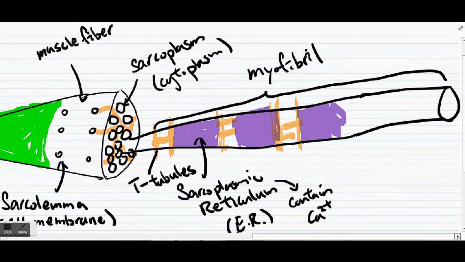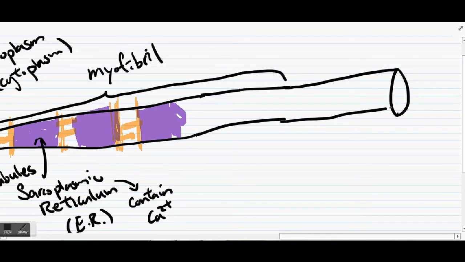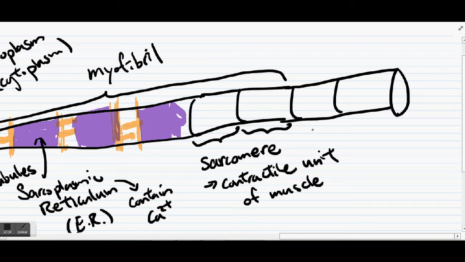Finally, if I were to remove the sarcoplasmic reticulum and just look at the myofibrils themselves, let's make this a little longer. The myofibrils themselves are made up of repeating units that are connected end to end. Each of these repeating units is called a sarcomere. And sarcomeres are often described as the contractile unit of muscle, which means the entire muscle is able to contract because at the molecular level the sarcomeres are contracting.